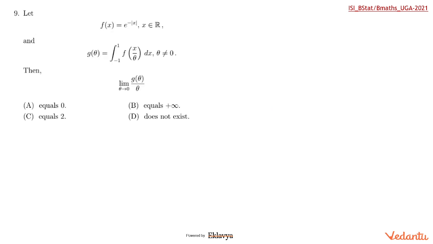Coming to question number 9. So this says fx is equal to e raised to the power minus mod x. Here g theta is defined. Okay, first we will look at g theta.